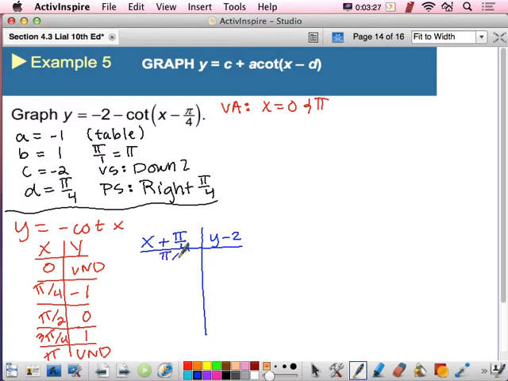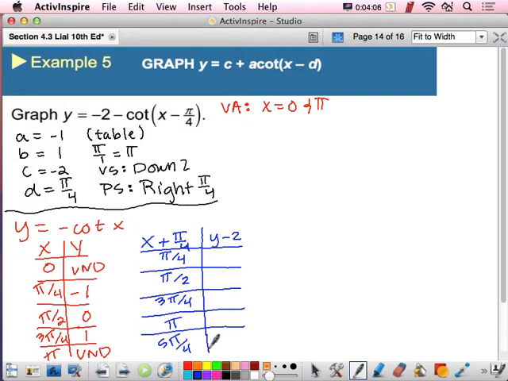What is pi over 4 plus pi over 4? 2 pi over 4, which is pi over 2. What is pi over 2 plus pi over 4? 1/2 plus 1/4 is 3/4, so 3 pi over 4. And 3 pi over 4 plus pi over 4 is 4 pi over 4, which is pi. And then pi plus pi over 4 is 4 over 4 plus 1 over 4, which is 5 pi over 4.